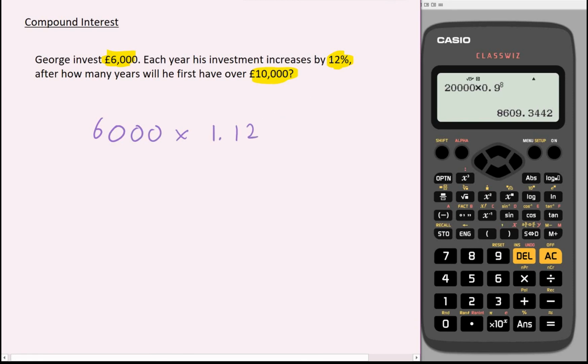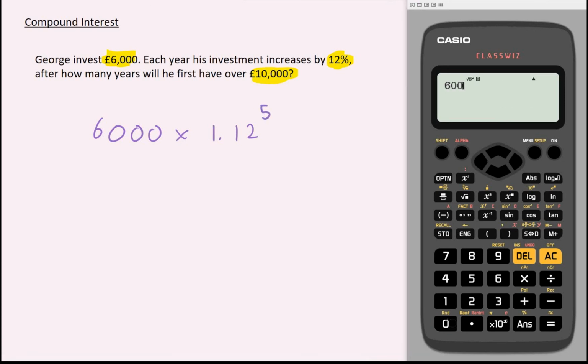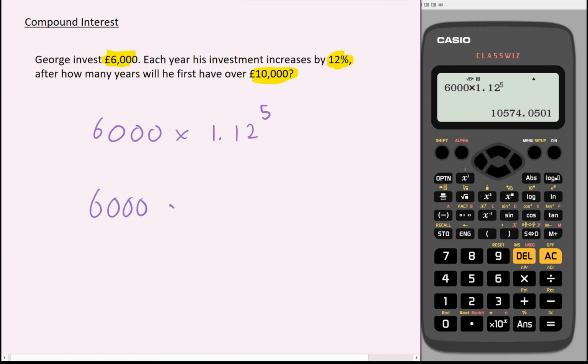So let's just guess 5 first of all. Let's see if 5 years is going to work. So I type it in. And that seems perfect. Okay, didn't expect that. Normally it wouldn't be, we'll check this anyway. Because my answer is too big, I can check if possibly he would have had over £10,000 after 4 years.